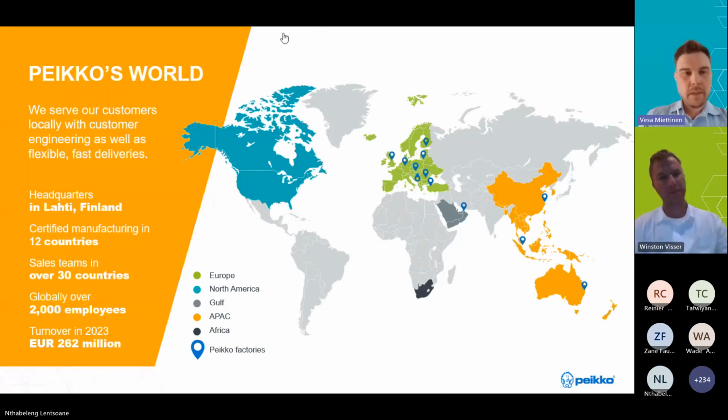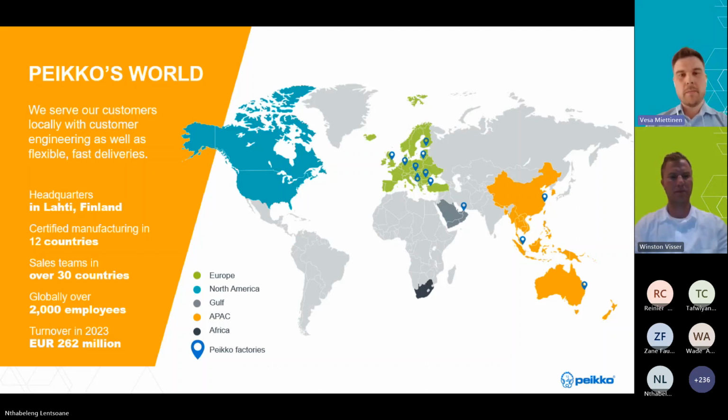Okay, so let me first tell a few words about Peikko as a company. I think there might be people who haven't heard about our company. It's headquartered in Lahti, Finland, established in 1965. So we are more than 50 years old company now. We have certified manufacturing in 12 countries as of last year.